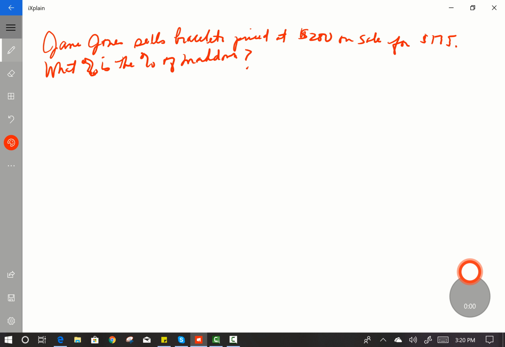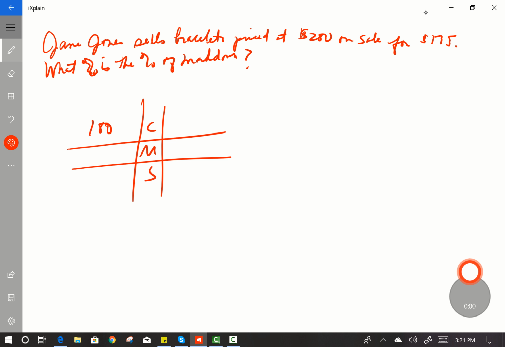Okay, we're going to base this upon cost. We'll use a CMS formula. Cost is 100%, which makes cost the base. It was originally priced, the cost was $200, and it was marked down to, or sold for, $175.